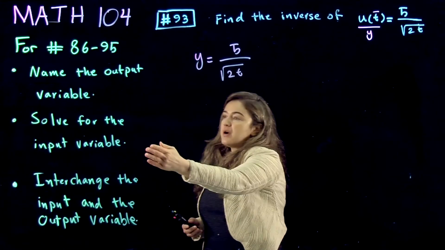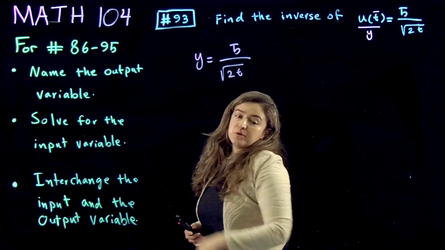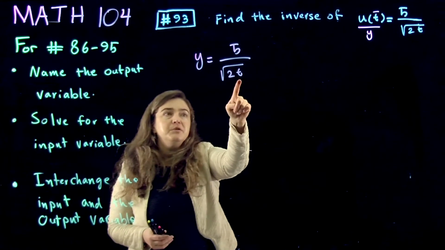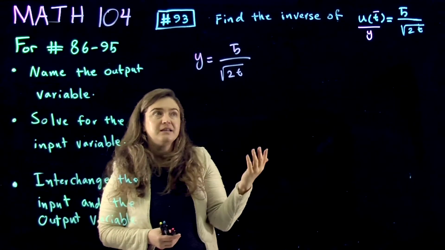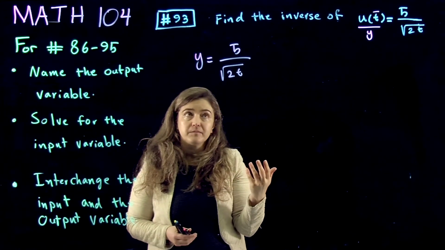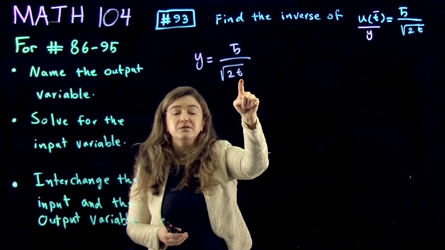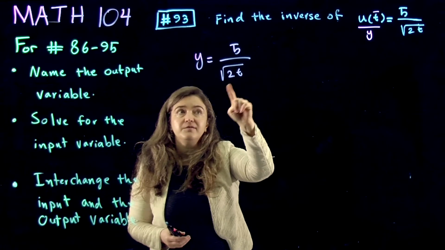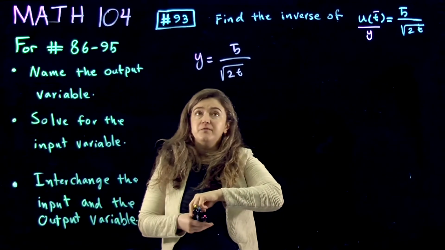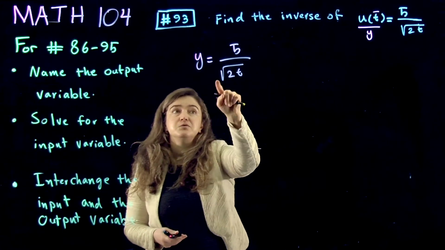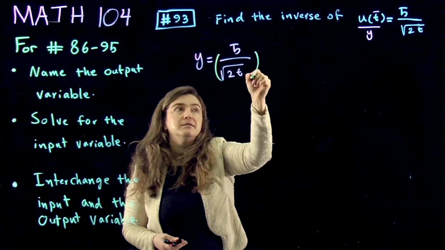So the next part is solve for the input variable. The input variable being t, what we need to do is to isolate t by itself. And the first step of doing that is to get rid of the denominator.